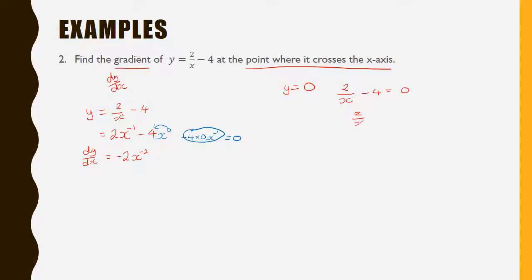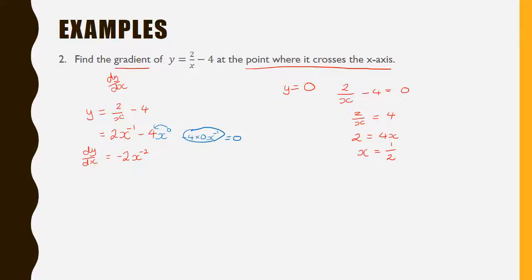I can add 4 to both sides. I'm wanting to solve for x, so if I was to multiply both sides by x, I would get 2 equals 4x. Divide by x, x times by x cancels out on the left. And then I can divide by 4. 2 divided by 4 gives me the answer of a half. So I know that this function crosses the x-axis where x equals half.